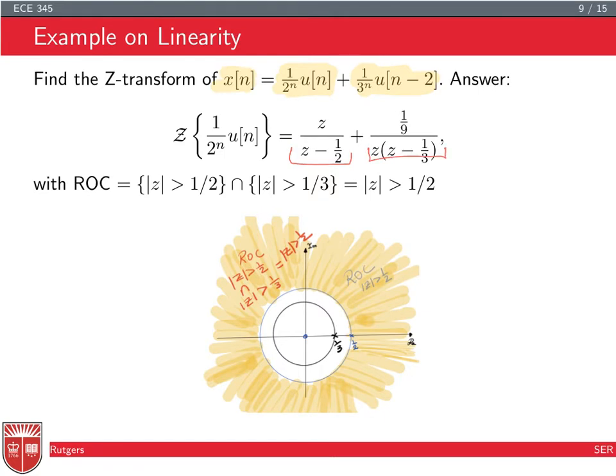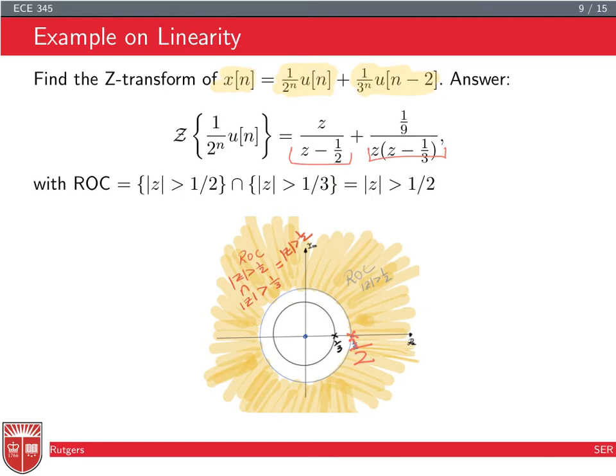And like we said, the ROC of the first part is the exterior of the circle with radius 1/2. So let me maybe write it down in a bigger font. This is 1/2 here, and it's the outside of this circle. The ROC of the second part was the exterior of the circle at 1/3 because it had pole 1/3.